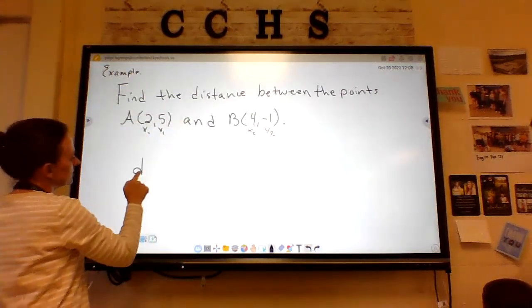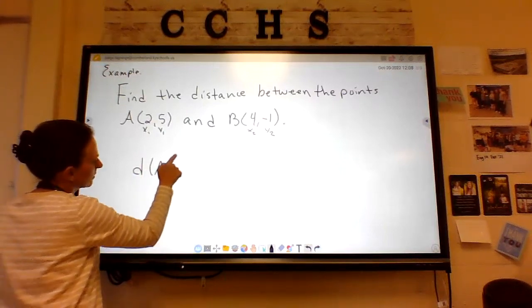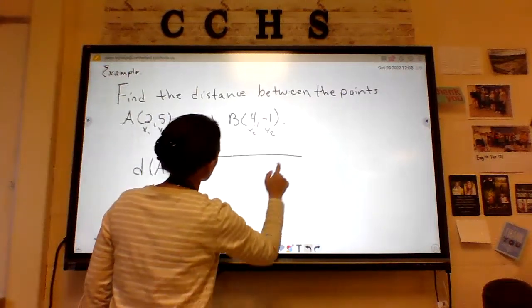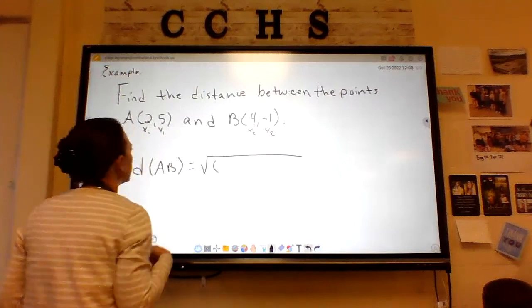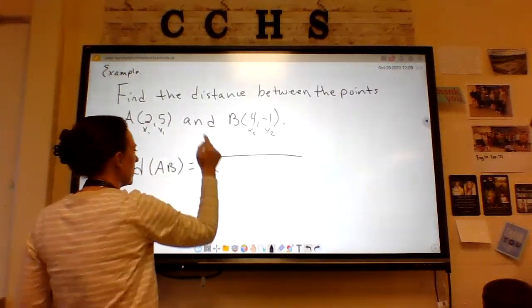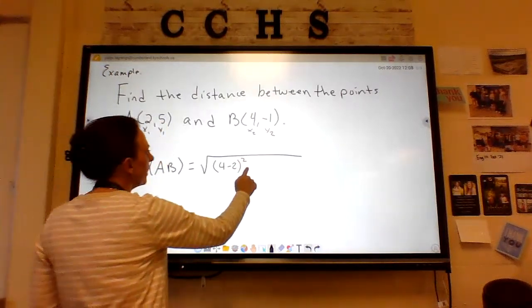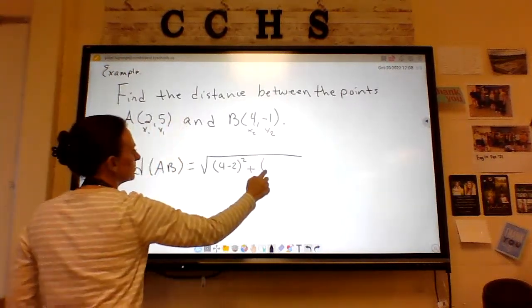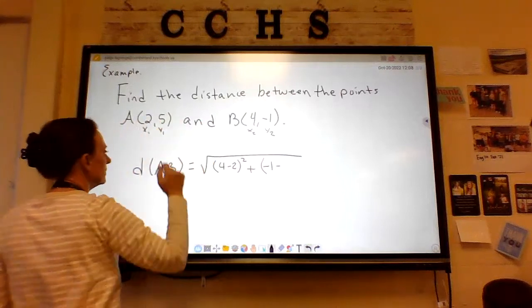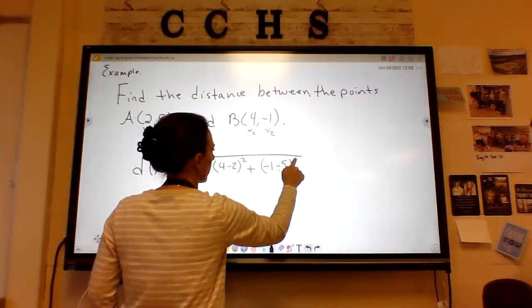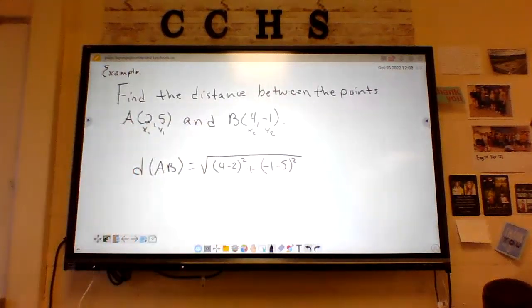We know that the distance between A and B is equal to the square root of x2 minus x1, so 4 minus 2, squared, plus y2 minus y1, squared, right?